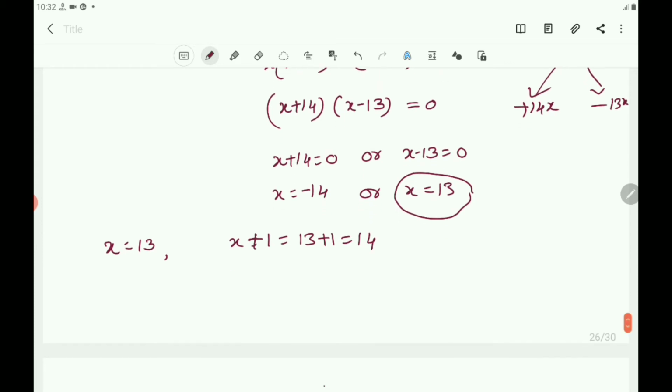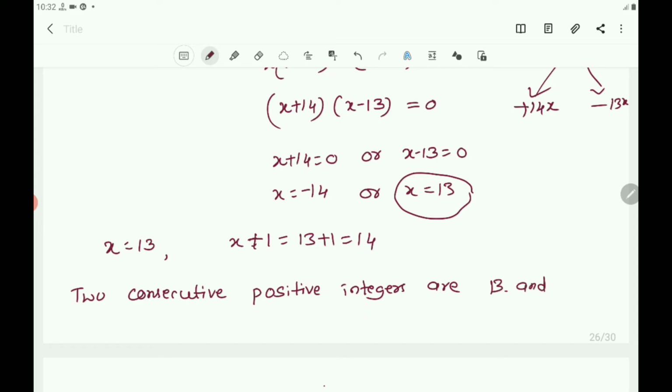So the two consecutive positive integers are 13 and 14.